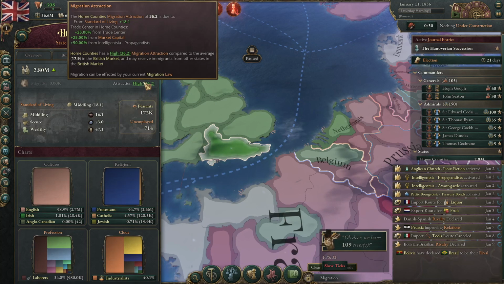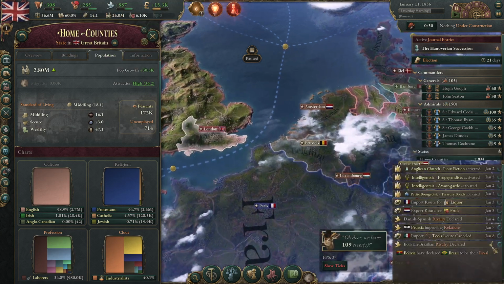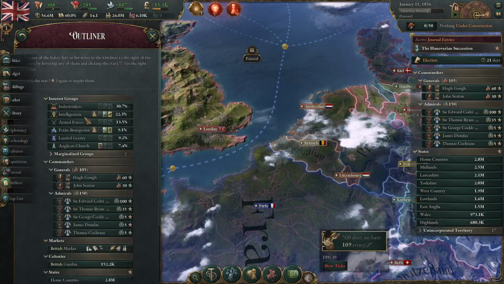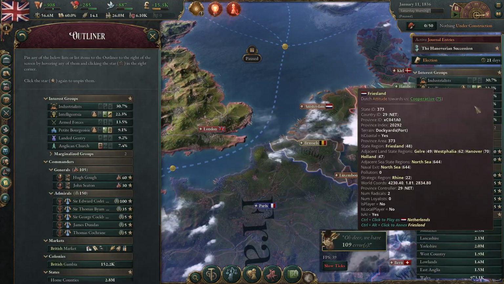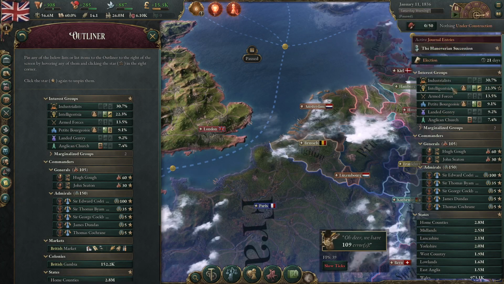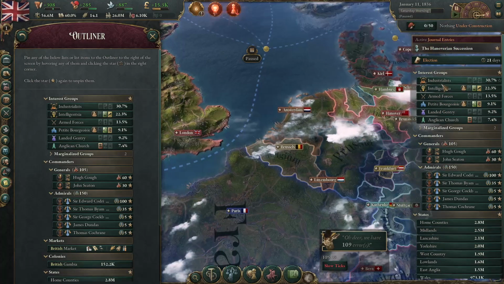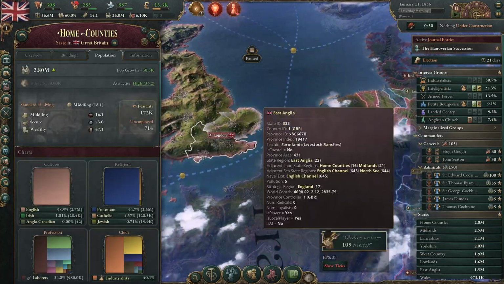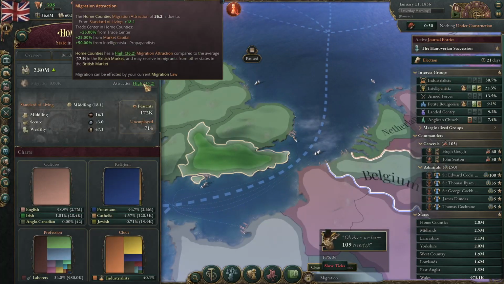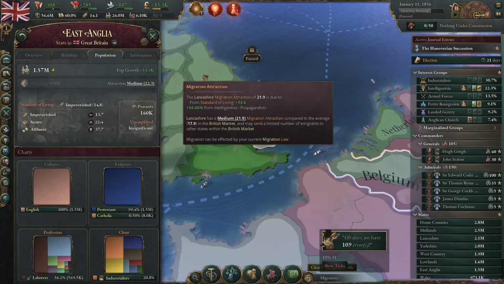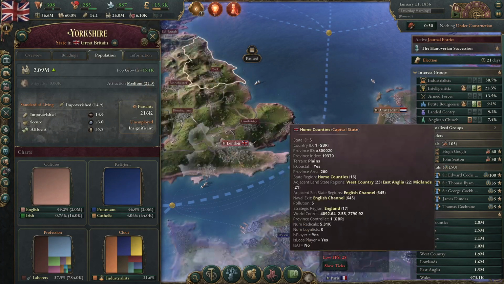But you can see right away that one of the things that's going to have an outsized impact on whether or not you have migration is whether or not you have happy intelligentsia. If you have happy intelligentsia, that can make a huge difference. If you have happy and strong intelligentsia, then that can help you win wars in a sense, because it's going to give you a gigantic bonus to your migration attraction, and that gigantic bonus is going to be all over your country.